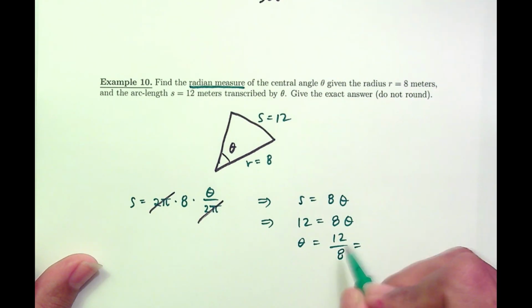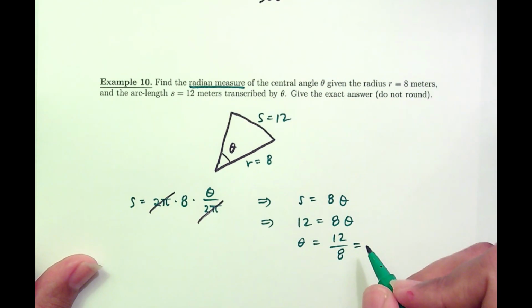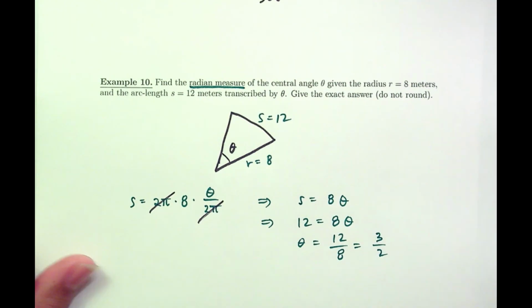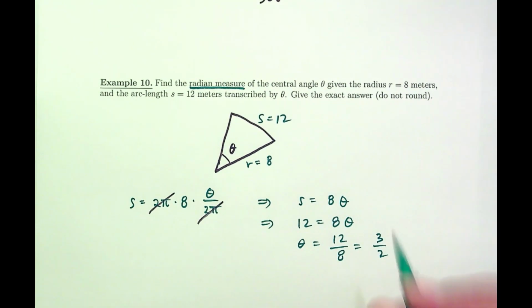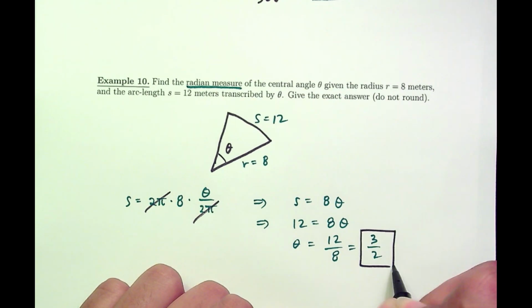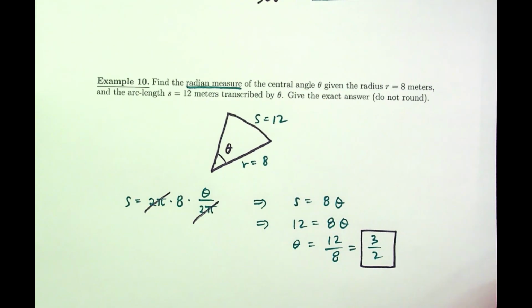Simplifying, dividing by 4 top and bottom, you get 3 halves. And that is the answer. The answer is 3 halves radians. You don't have to write the word radians.